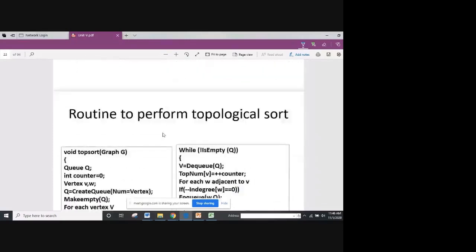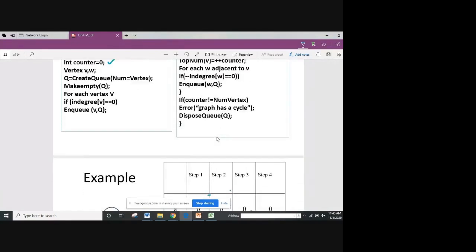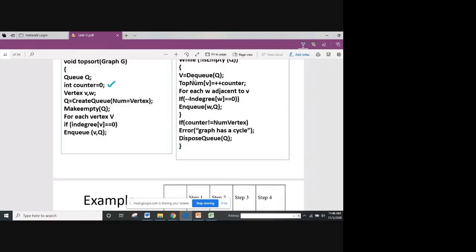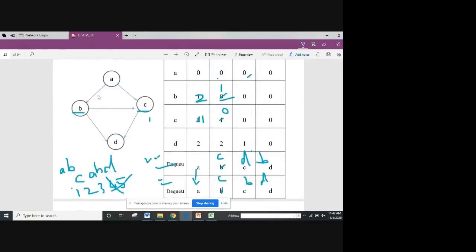Repeat all the steps. Normally you will have a counter. Why we are giving the counter is that whenever you are dequeuing, you will be incrementing the counter. If your counter and the number of vertices are the same, that means A, B, C, D all have been enqueued and dequeued.